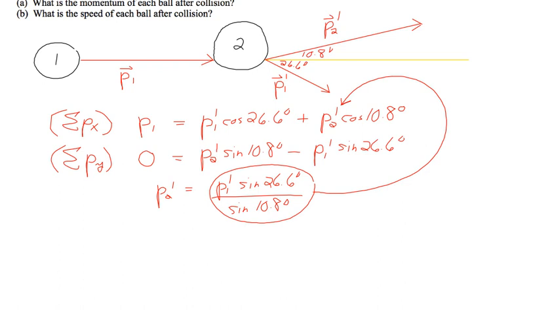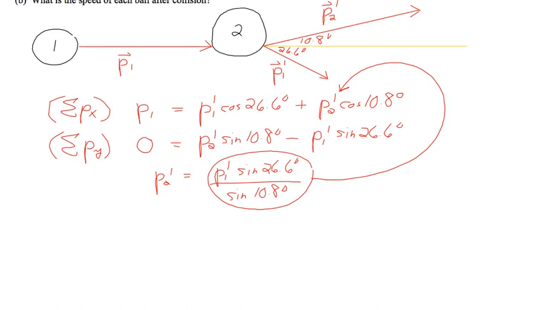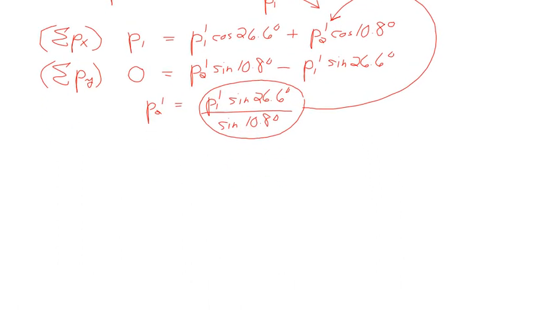So taking that first equation, and we haven't solved for P, well, I'll wait till the end. Because I can even replace this with M1, V1 when I plug in, because I know what M1 is and I know what V1 is. But right now I'm going to plug into that equation.